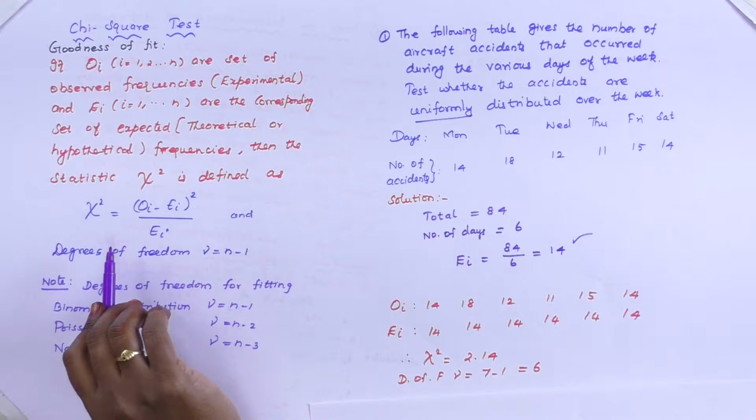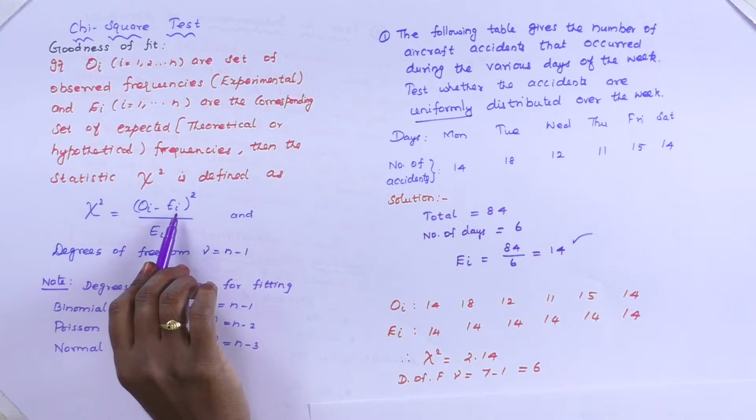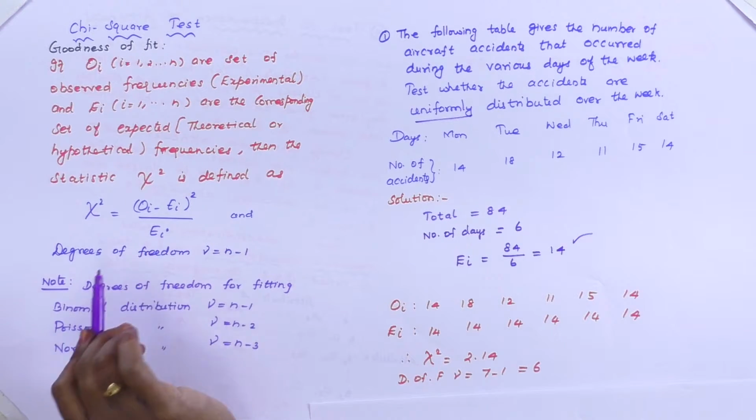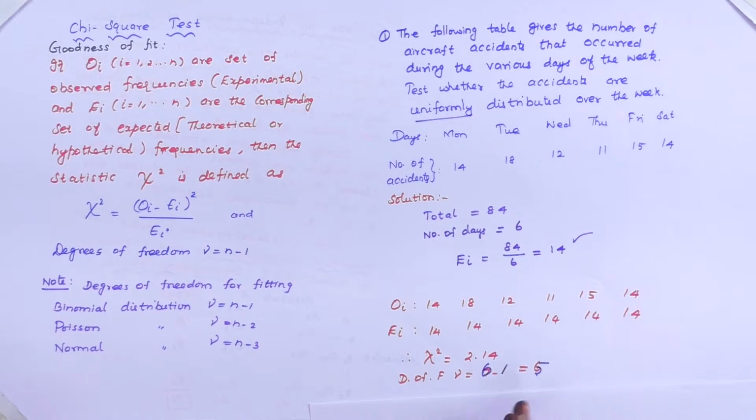Now we calculate the chi-square statistic, which equals observed frequency minus expected frequency, the whole squared, divided by expected frequency. We get the calculated value of chi-square as 2.14. Here the degrees of freedom is n minus 1. Only 6 data are given, so 6 minus 1, therefore the degrees of freedom is 5.